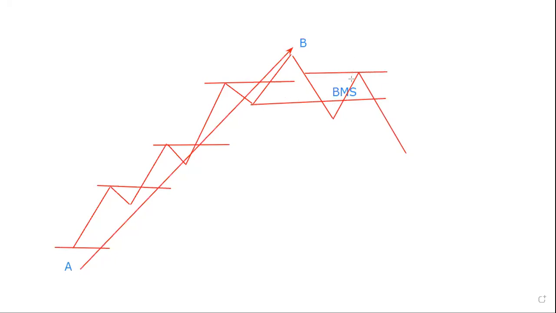And this point where the market could not reach the previous higher high is called a shift in market structure, MSS. So now the market has changed direction, so we'll begin to sell.